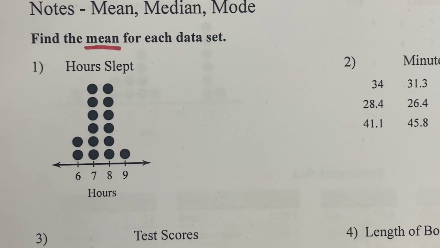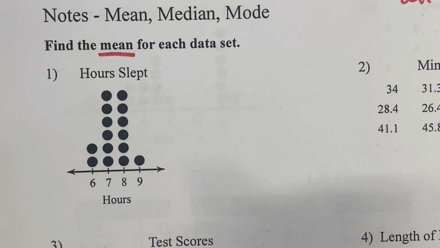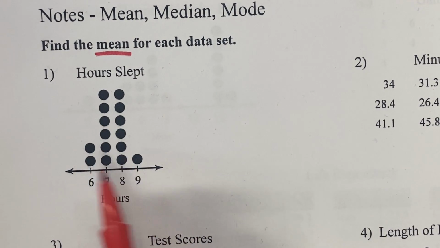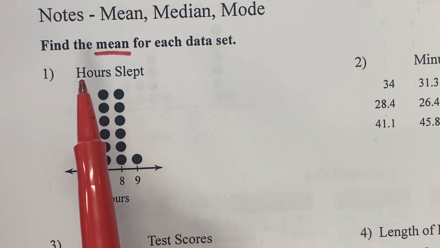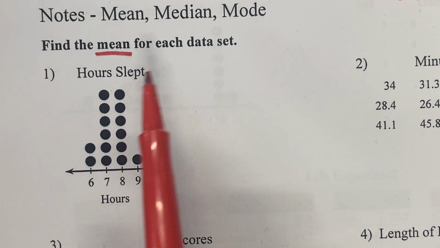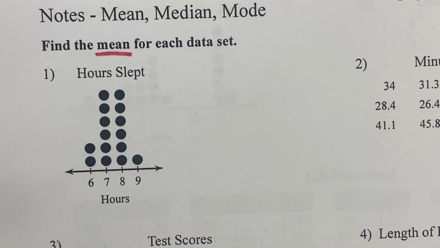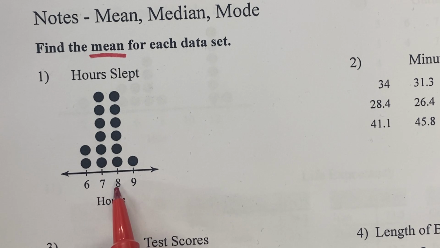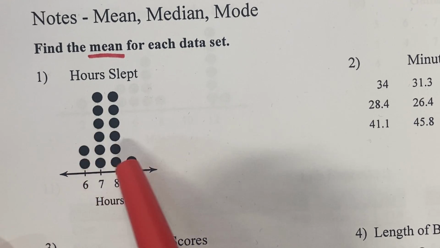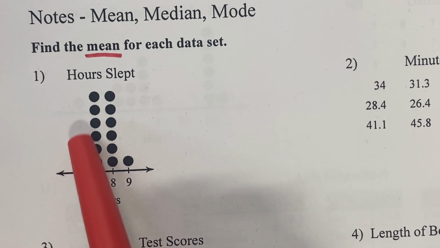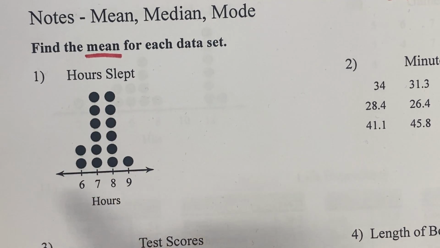We'll zoom in just a little bit. Okay, so we can see that this dot plot is given by hours slept. So we have 6 hours, 7 hours, 8 hours, and 9 hours. First we're going to count up how many of these we have.